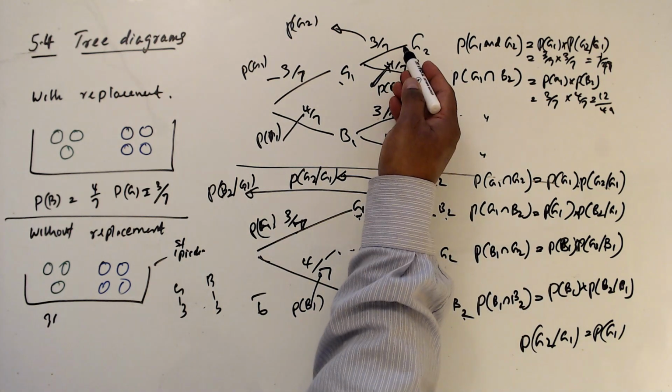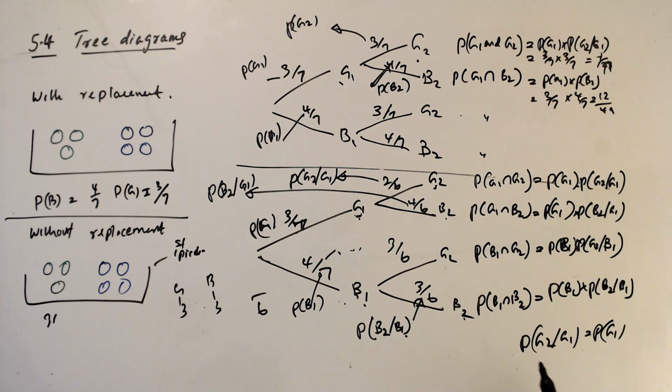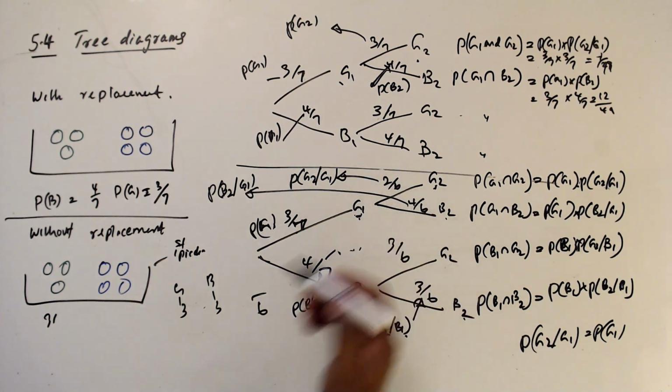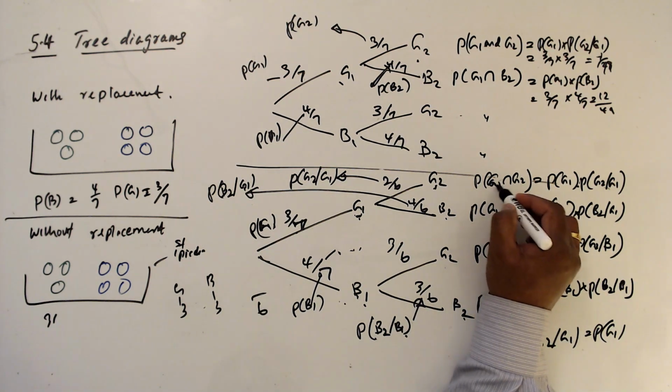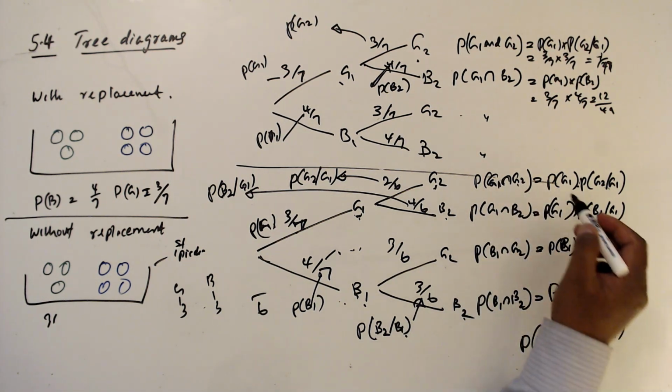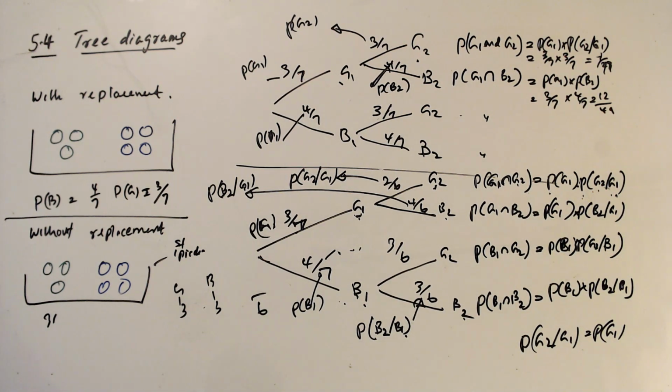The second taking does not depend on the first taking, but here, without replacement, definitely the second one is affected. So the probability of G1 intersection G2 is P(G1) times P(G2 given G1).